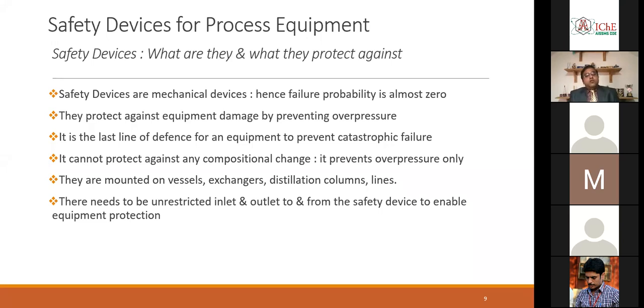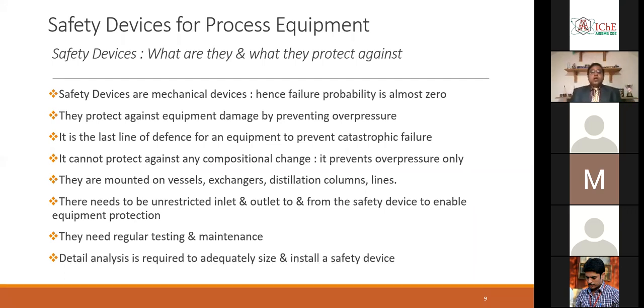So even if you put it, you have to ensure that the inlet and outlet lines are unrestricted to and from the safety device. As with other equipment, safety devices also need regular testing and maintenance. That's why many times you will see there are multiple safety devices installed on a single vessel, just to take one out, do the maintenance, do the testing, whether it is performing or not, and during that time the other one will be lined up.